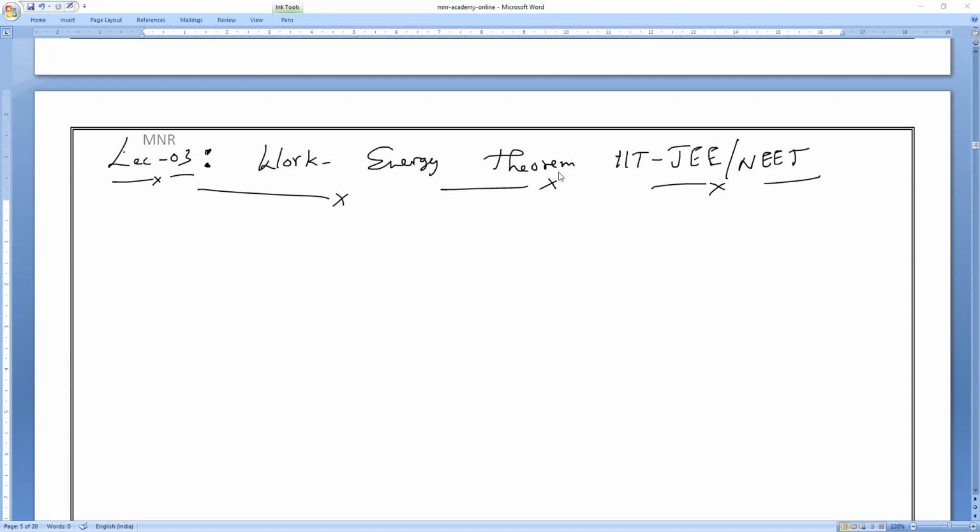So work energy theorem is the third concept in this chapter. First concept is formula, units and all. Second concept is conservative or non-conservative. And what is the third concept, everybody? It is work energy theorem. If you want to study this, go back to 9th and revise the entire concepts there.